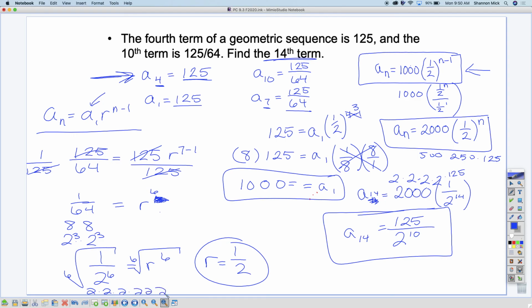This 6 right here tells you the size of the group you're looking for. I have one group of 6 2s. So I bring out 1 2. Nothing happens with the 6. That's how it reduces. What's the answer to that? 2. Because you are looking for groups of what? 2.